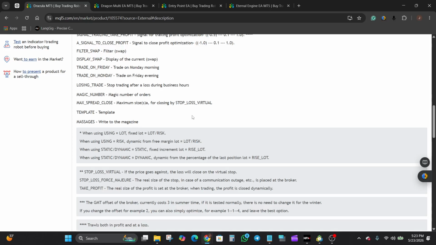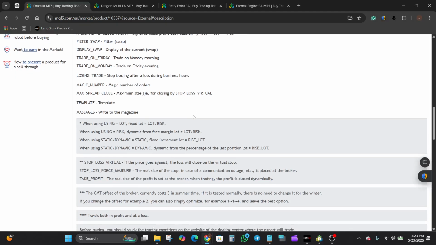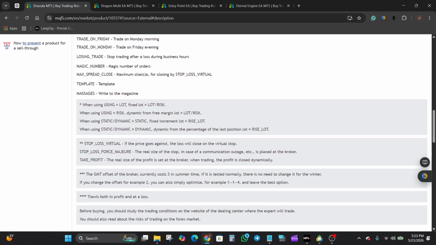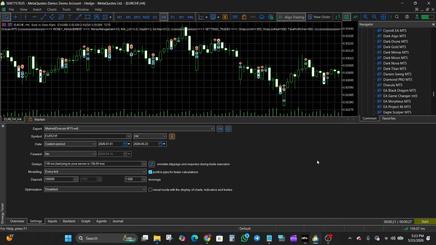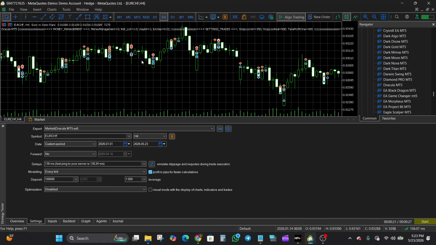Looking through the completed historical testing performance and chart activity, the trade management appears relatively structured. But we are just going to be confirming that as we head over to the strategy tester. But before we move further, let me just go through the settings because the test has already been completed.